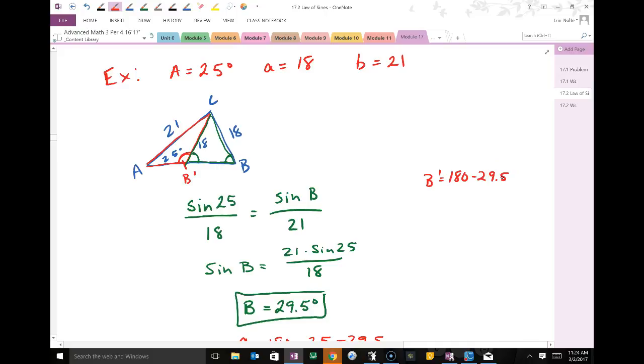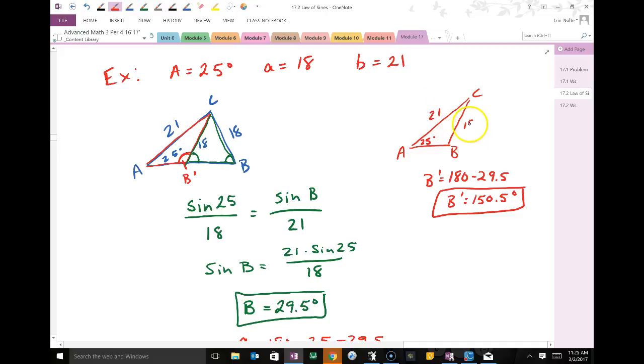Okay, so now I have a whole new triangle that I have to solve. So what's 180 minus 29.5? 150.5 degrees. Okay, so now going back and solving this whole thing again.